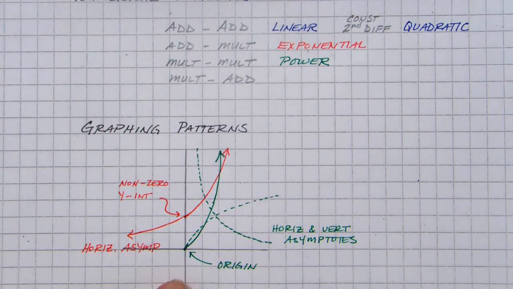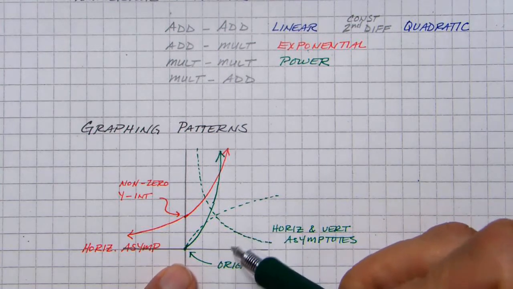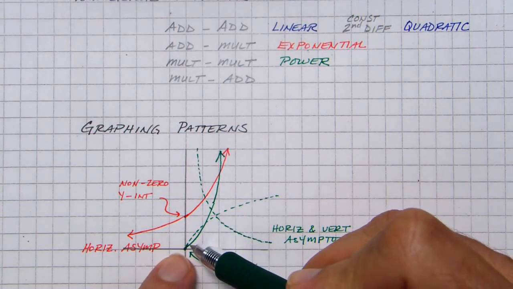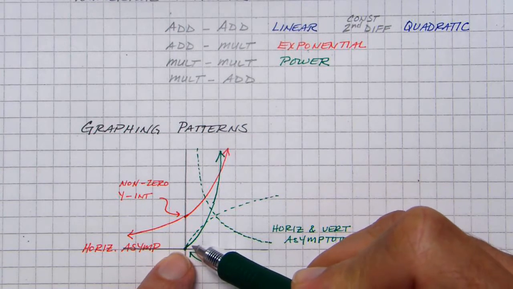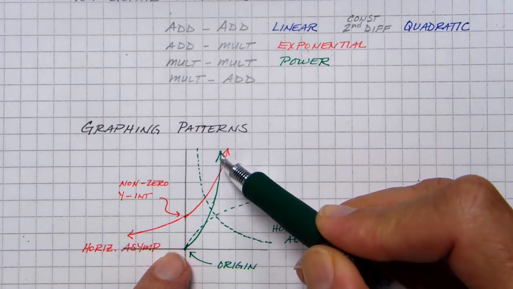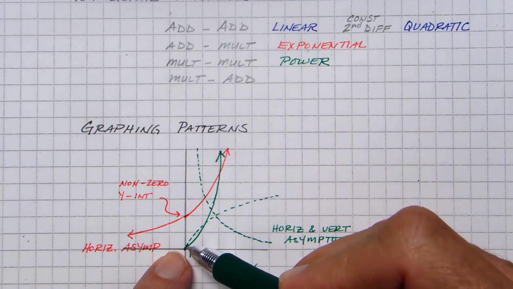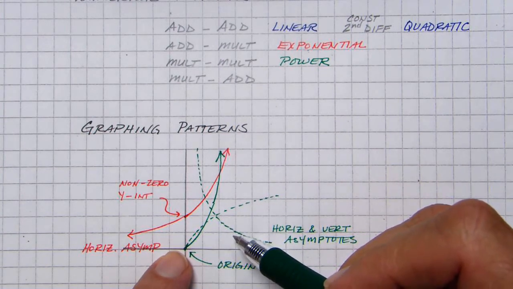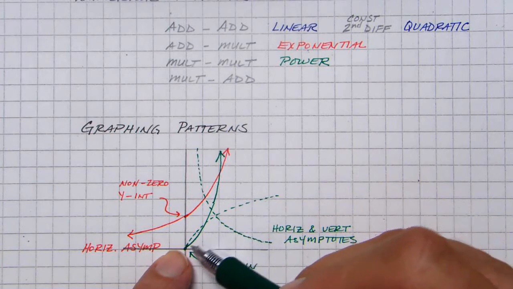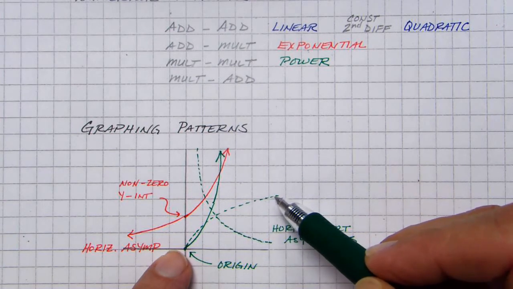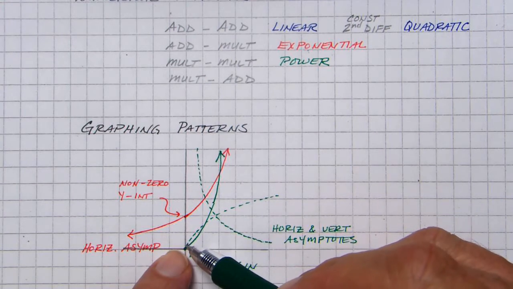Now powers, on the other hand, there are a couple different varieties of power functions. When the power is greater than 1, like second power, third power, fourth power, you'll get this kind of curving action. But it always starts at the origin. And if your power is under 1, like maybe the half power or the 1/3 power, the curve will go in this direction, the so-called root functions, which are power functions.